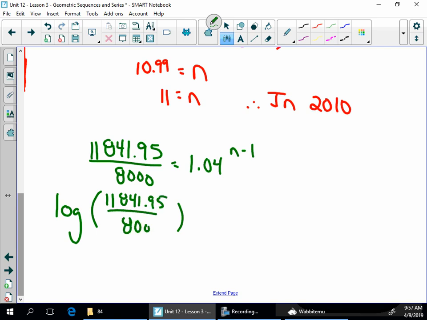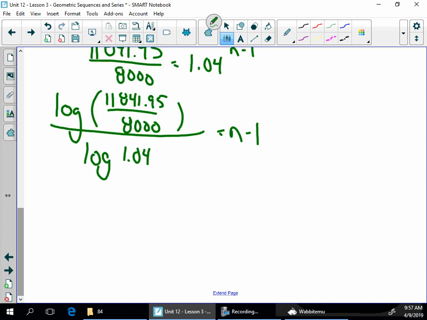And I'm going to divide that by the log of 1.04. And I'll get n minus 1 left over there. It's the same process every time. And this should come out to 10 on this side, n minus 1 over here, and it's still 11. So either way, you get 11, right? Kind of the point. Okay, let's try another one.